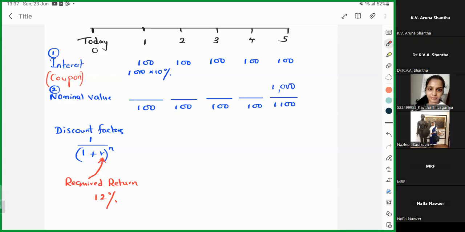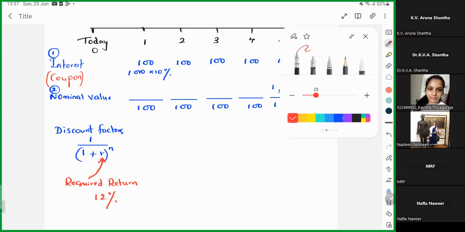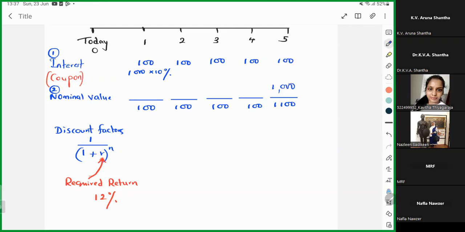So if you know R, you can calculate the discount factors: 1 divided by 1 plus R to the power n. How do you get the first year discount factor? We learned last time: 1 divided by 1 plus 12%, and for the first year n is 1. For the second year, 1 divided by 1 plus 12% to the power 2.